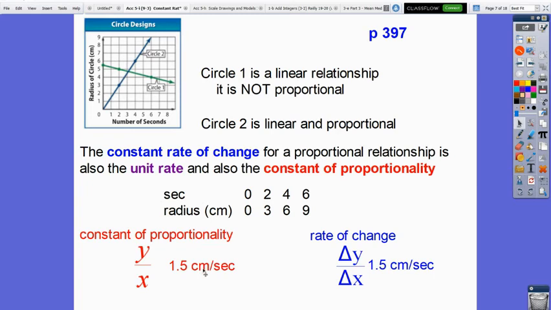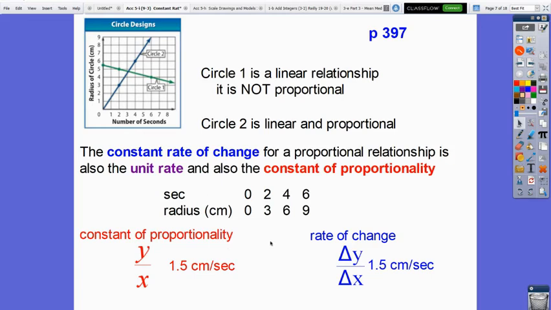That is called the constant of proportionality, which we have seen in the previous lesson. It is also the same thing as the rate of change, because in a proportional relationship, the rate of change and the constant of proportionality are the same number. They are also the unit rate, right? The rate of the expansion of this circle is 1.5 centimeters per second. That's a unit rate.